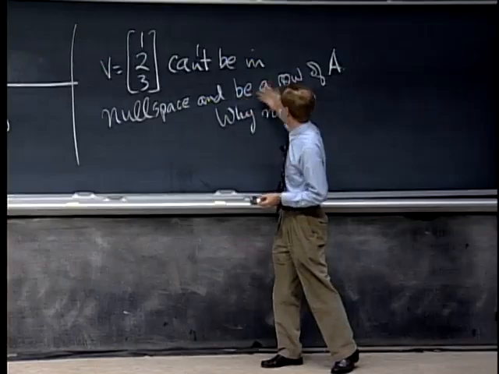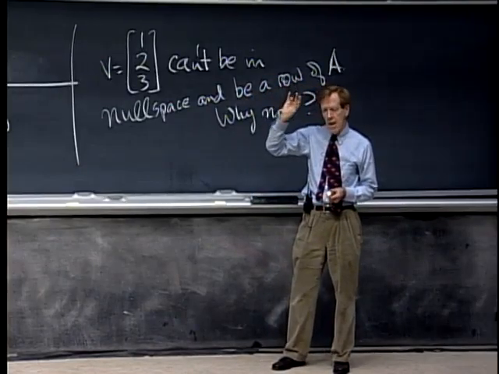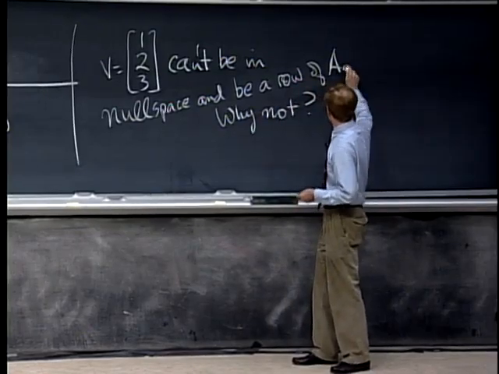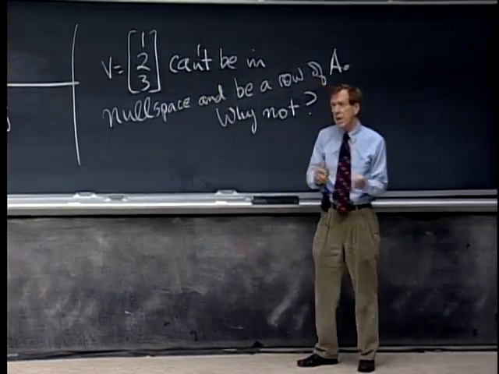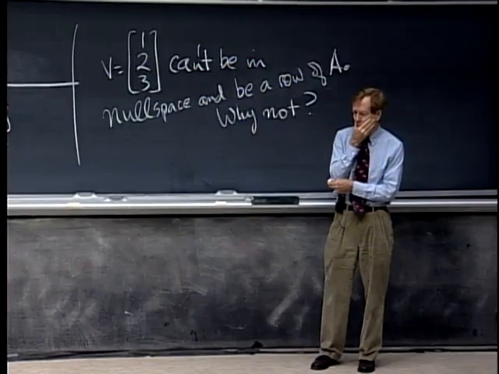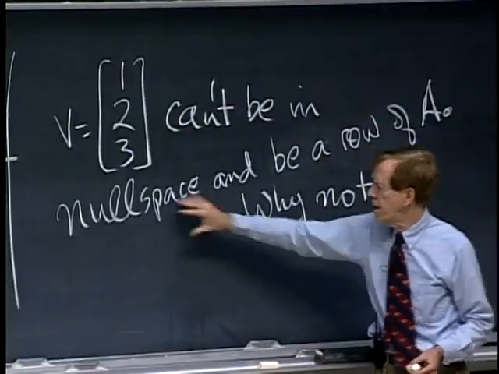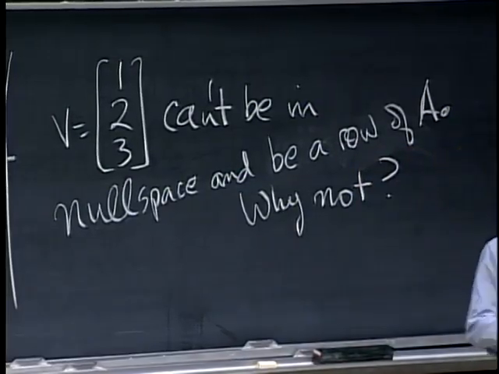The null space and the row space are both subspaces of n-dimensional space, and I'm basically saying they can't overlap. I can't have a typical vector like this that's in the null space and is also a row of the matrix. Why is that?